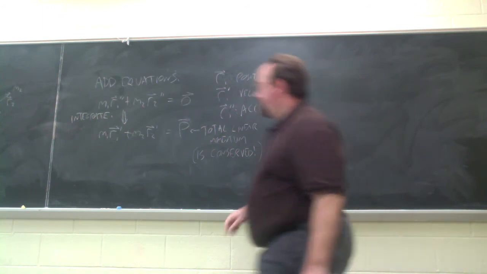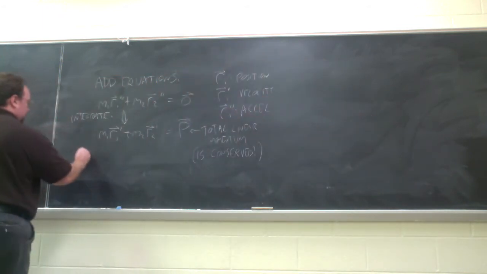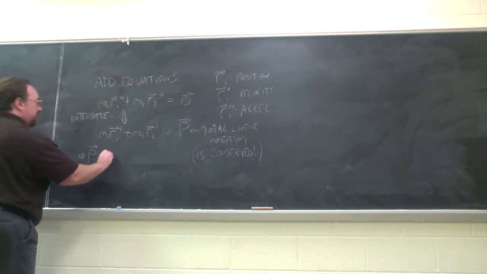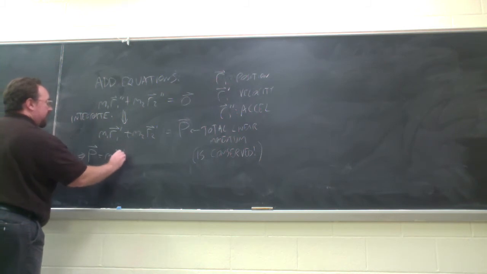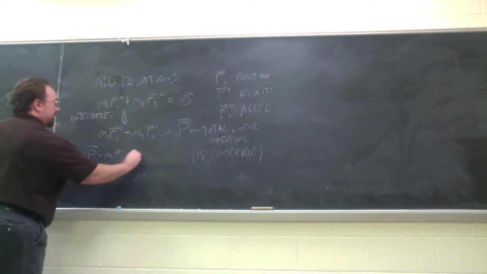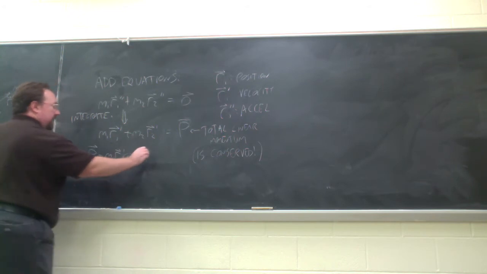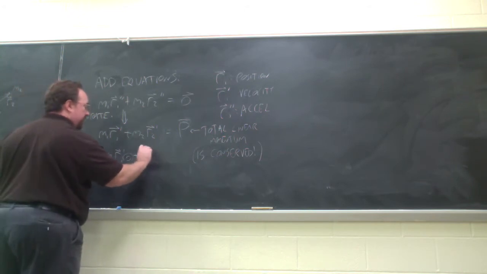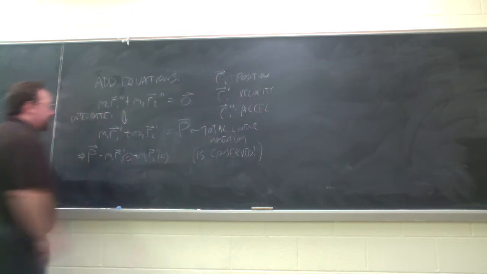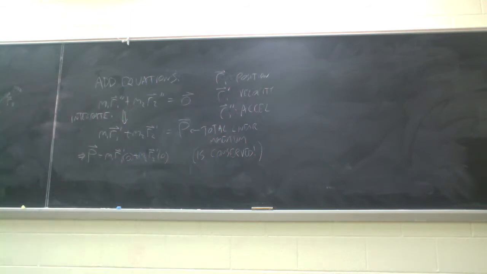So the way you would actually define P is mass times the initial velocity, r1 prime of 0, and then the same for the other body, r2 prime of 0. So you can use the initial velocities to figure out the total linear momentum, and it's going to stay that way.